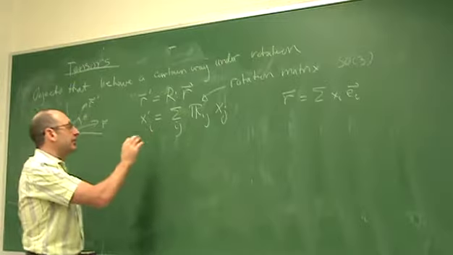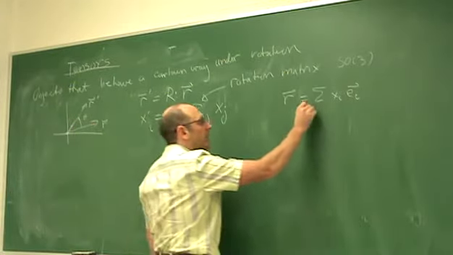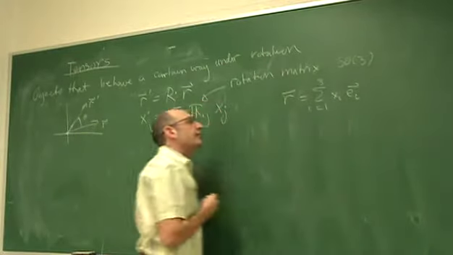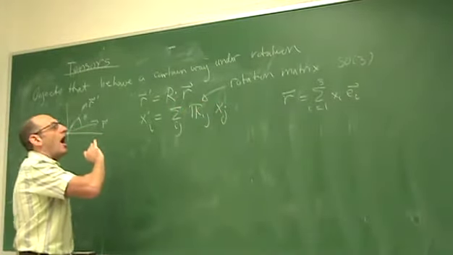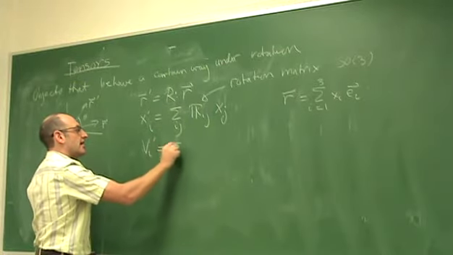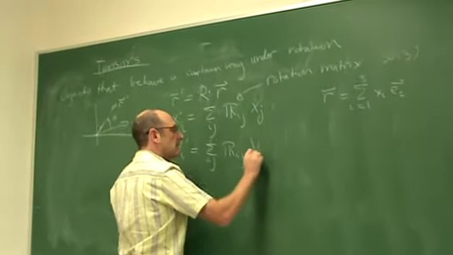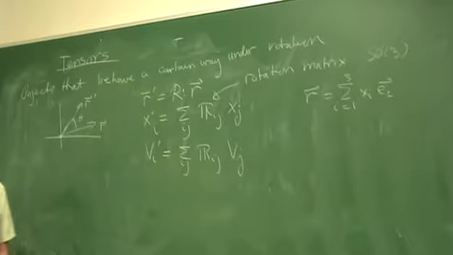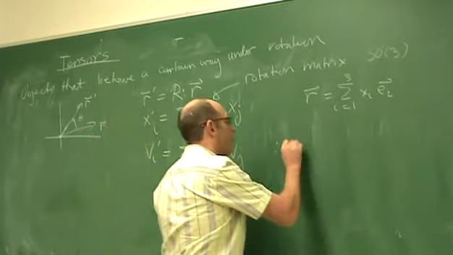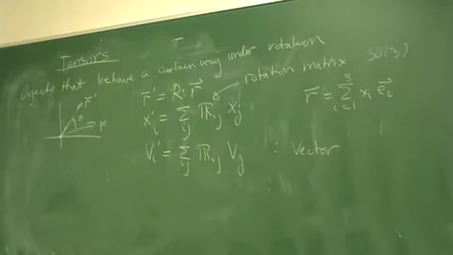Any set of 3 objects, so i here goes from 1 to 3, that transform this way under a rotation is what, of course, we call a vector. It transforms like position under a rotation.